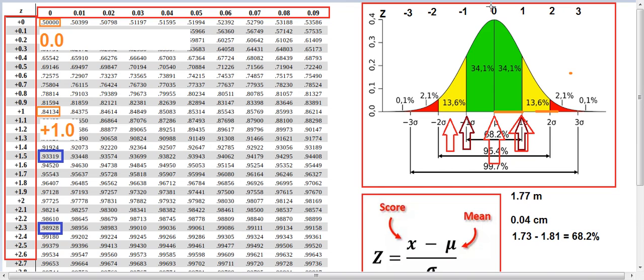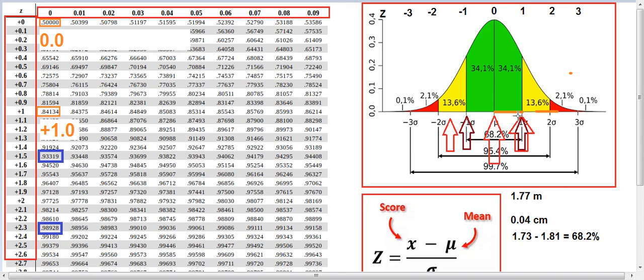When we go to the right-hand side, the values are 0 for the mean, 1 for the first standard deviation, 2 for the second, 3 for the third. It's important to say also that in this table you only have positive values of z-scores.